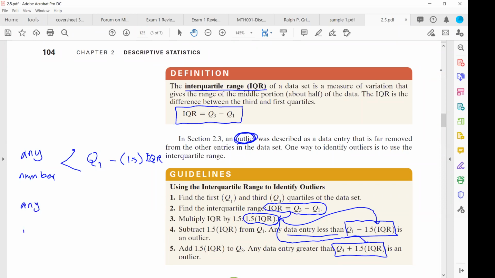Less than. There is no equality. Any number greater than Q sub 3 plus 1.5 times interquartile range is going to be an outlier. These are the guidelines that you have to follow to find possible outliers in your collection. Please take your time, take note, then we go over one example together.